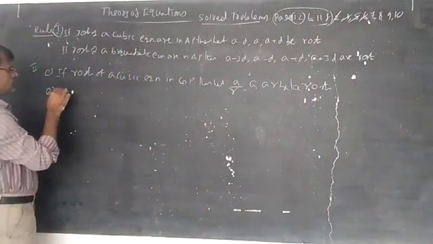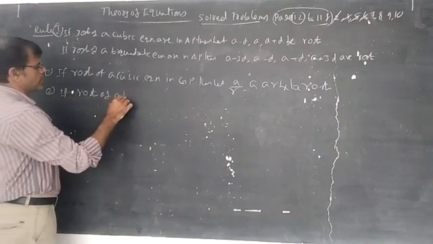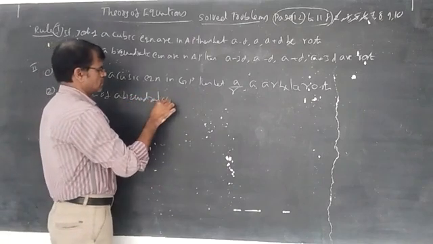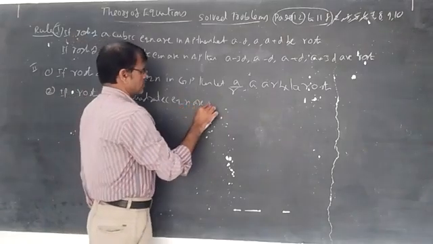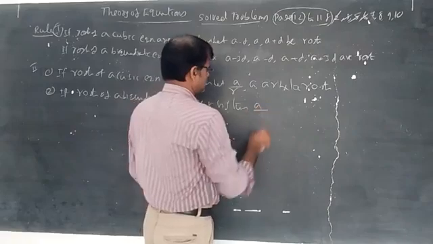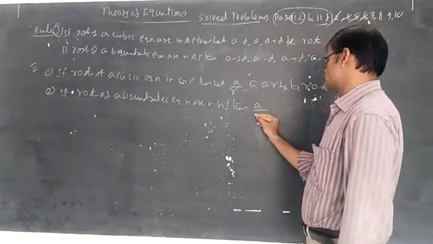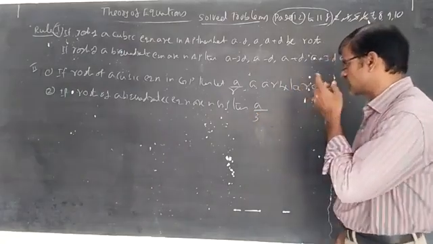In this second one, if roots of a biquadratic equation are in GP, then total 4 roots. So a power 4 you should get.